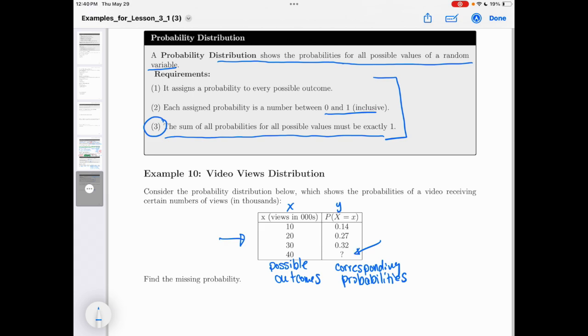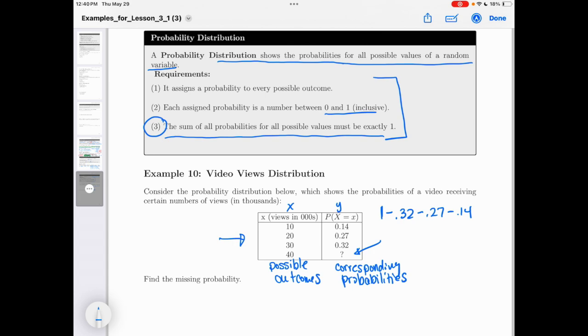Because I know if this is a probability distribution, all of the probabilities should add up to a total of 1. All I have to do to find the missing probability is see what's left over. So if I take 1 and I subtract 0.32, I subtract 0.27, and I subtract 0.14, whatever's left over has to be that probability.